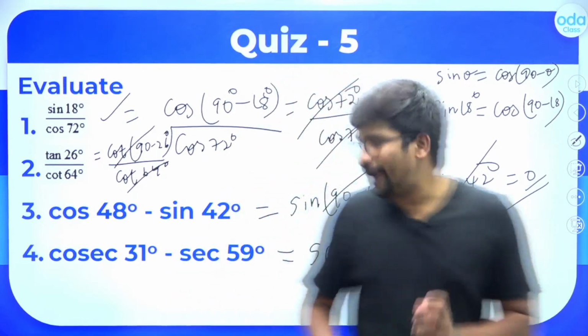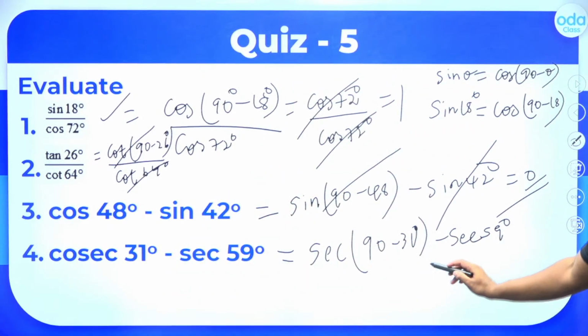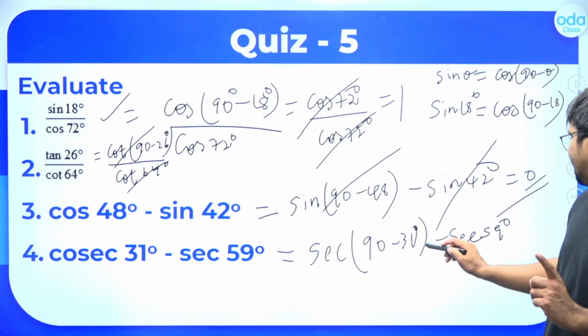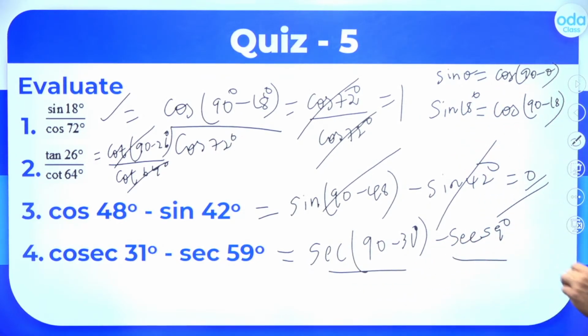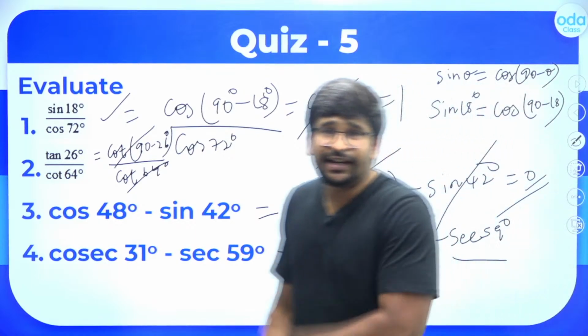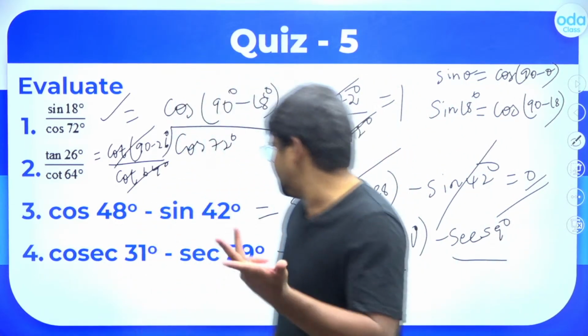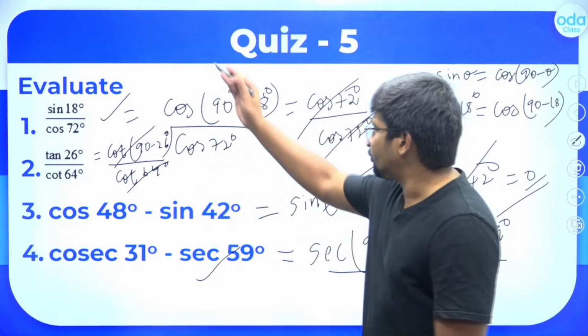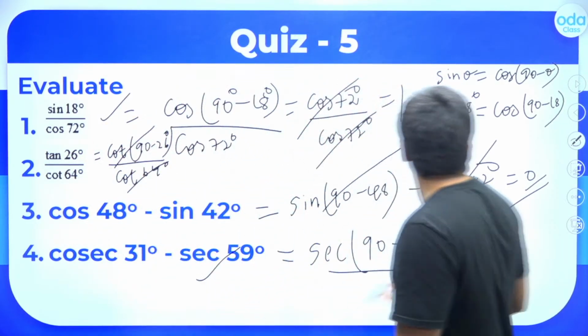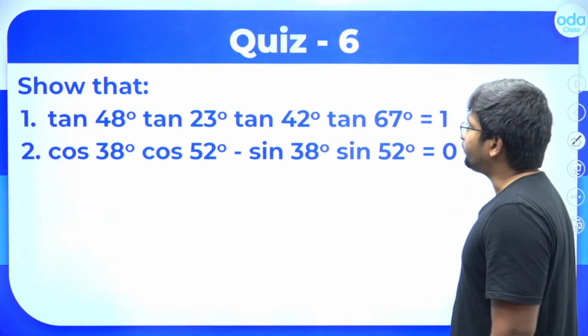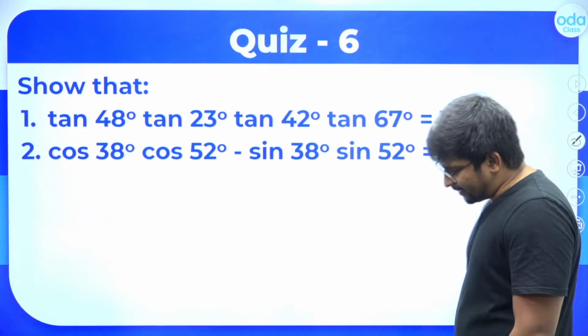Correct? Once you have this, what can you conclude from this? You can say sec 90 minus 31, which is sec 59. Okay, this is sec 59. This is also sec 59. So sec 59 minus sec 59, answer has to be 0 again. So this is also done. So these are questions related to the complementary trigonometric ratios. This is important. One more question with the same thing.